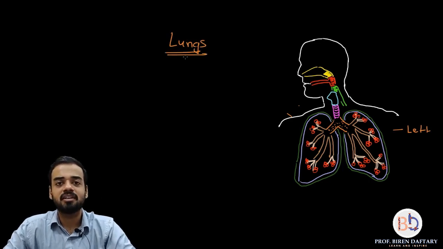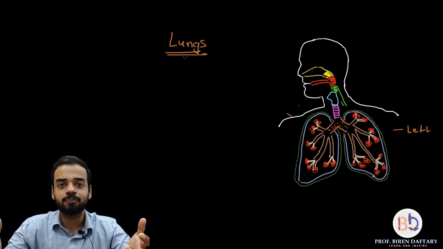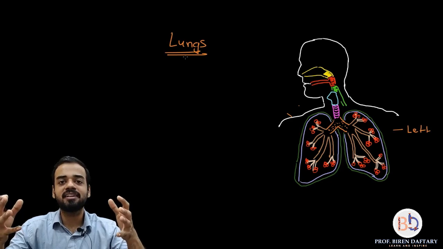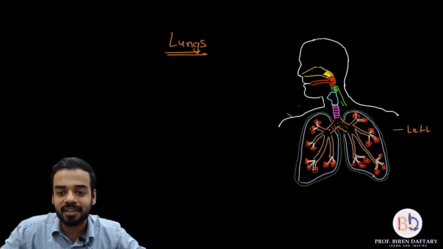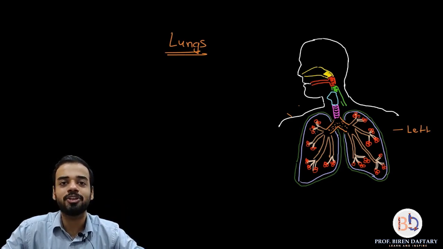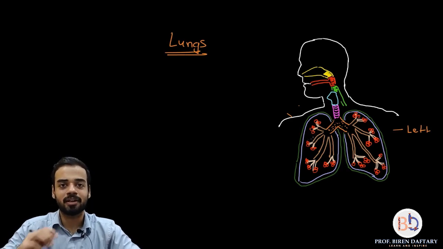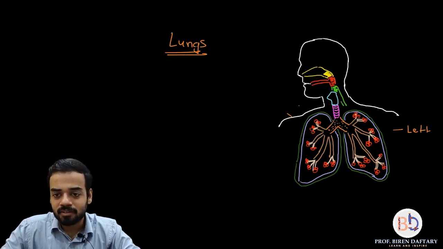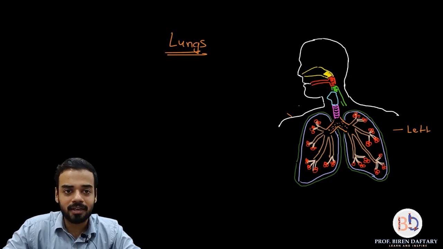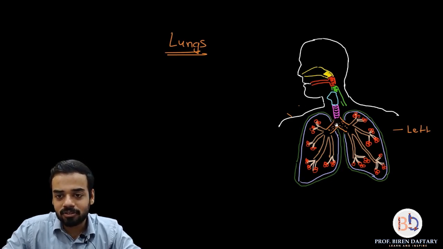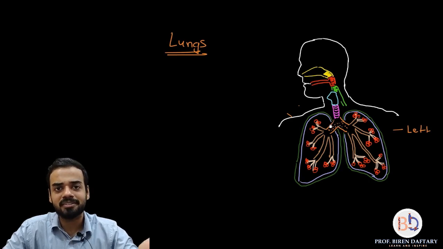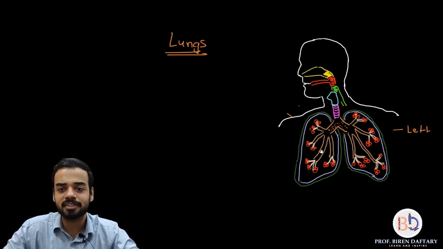Now what are lungs? Lungs are like bags, and lungs are basically doing what? They are protecting the bronchi and bronchioles and alveolar sacs and alveoli, because if you see, some part of the primary bronchi is present outside the lung, but most of the bronchi, primary, secondary, tertiary, bronchiole, everything is present inside the lungs.